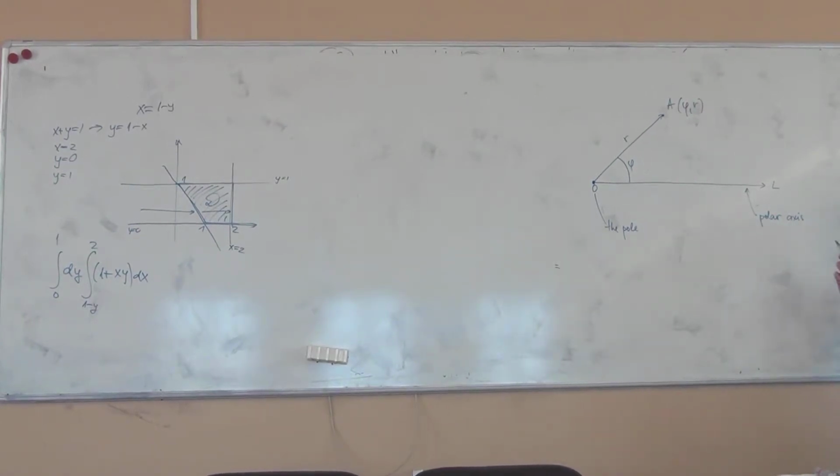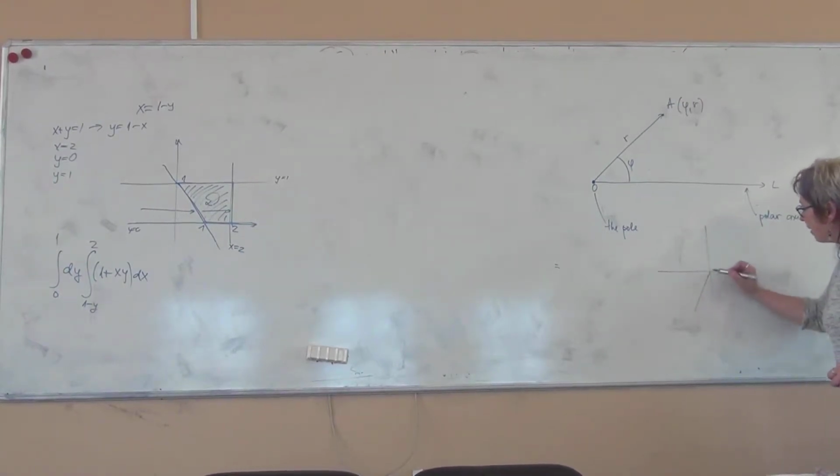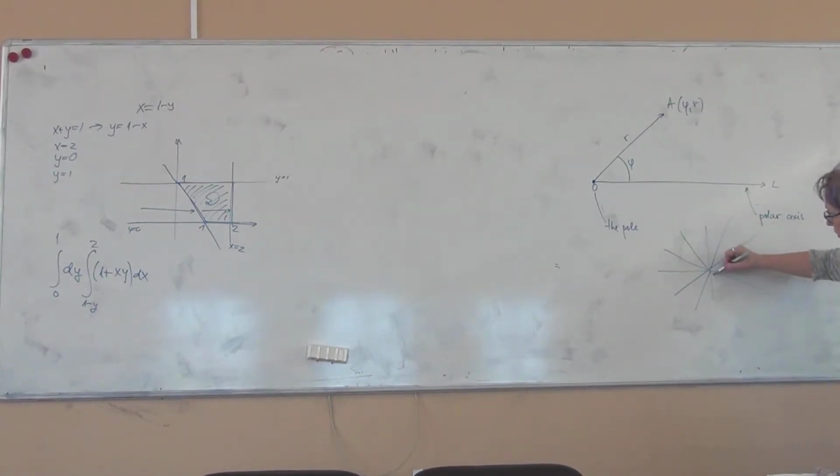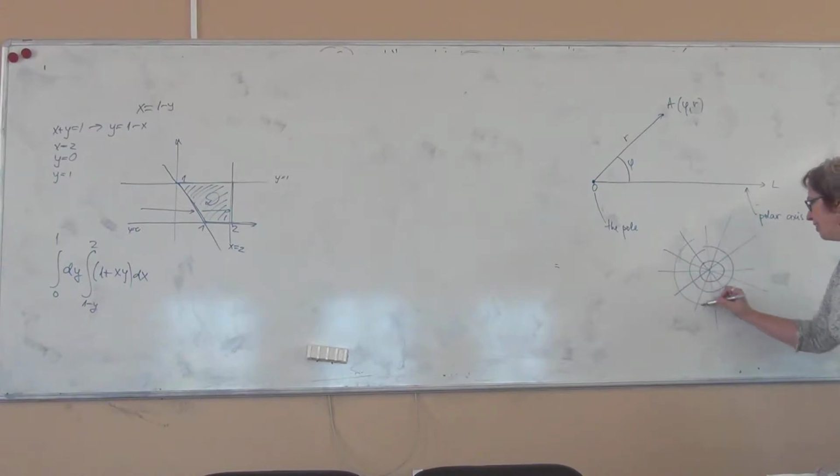Just like we have graph paper with squares for Cartesian coordinates, we can make graph paper for polar coordinates that would consist of angles split in some decent intervals, for example every 30 degrees, and then we have radius 1, radius 2, radius 3. So the system of polar coordinates might look something like this.